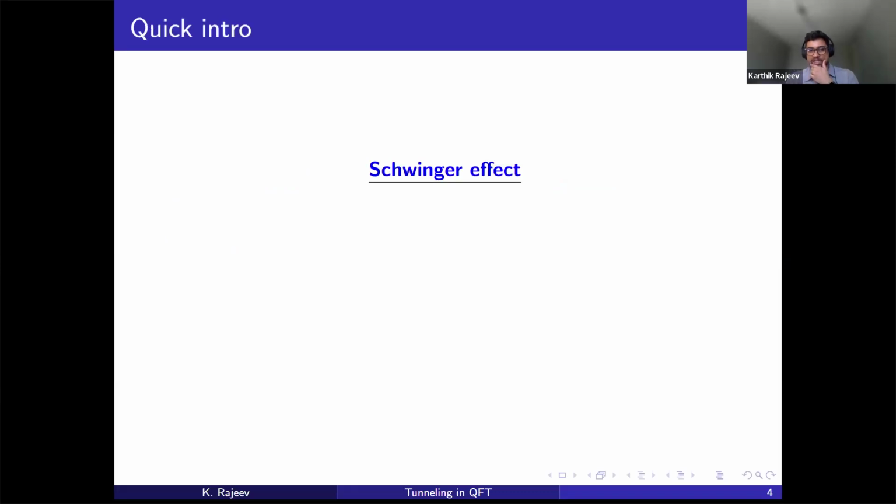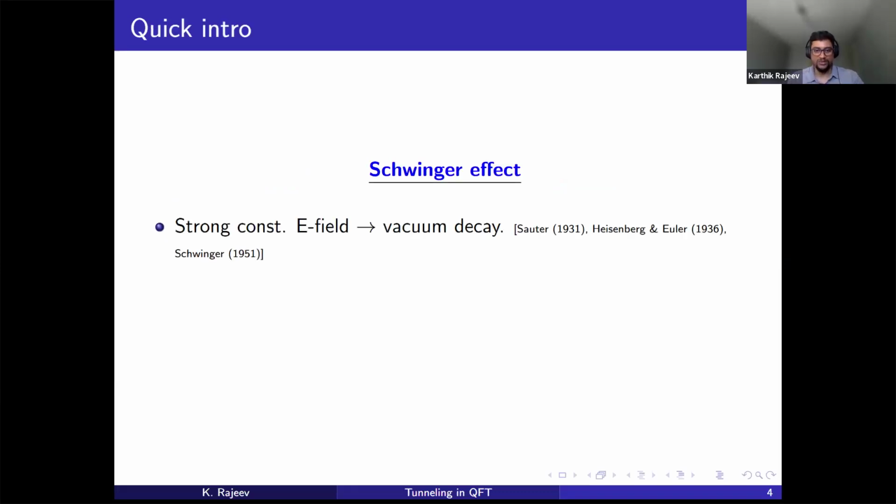Okay, so maybe just a brief introduction to the Schwinger effect. This is basically the decay of vacuum when there is a very strong electric field present. This vacuum decay happens by creation of pairs, and the spectrum of the number of pairs is given by this expression, and it is non-perturbative, non-analytic in the field strength, and so on.